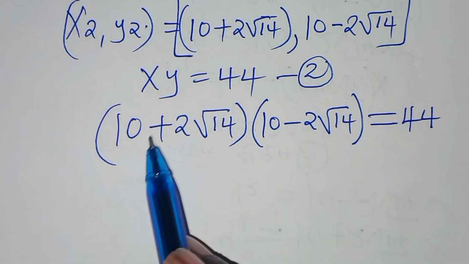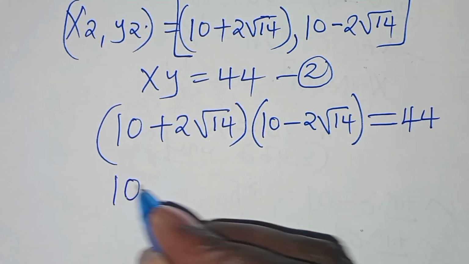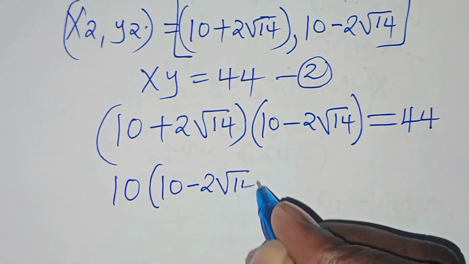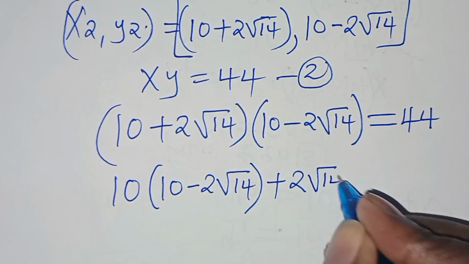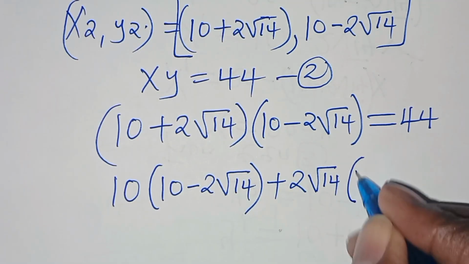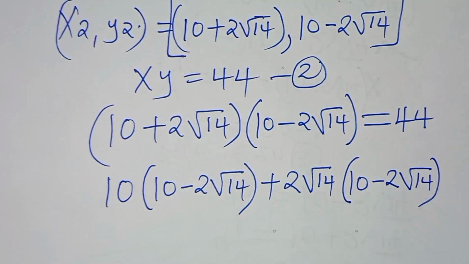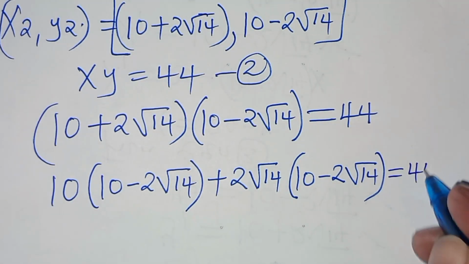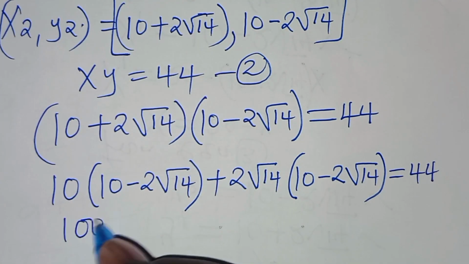Now, the next step here, we'll have 10 times, this is the same thing as 10 multiply 10, subtract 2 square root of 14, then plus 2 square root of 14, multiply 10, subtract 2 square root of 14. This is supposed to give us a value of 44. So 10 times 10 here, this is 100.